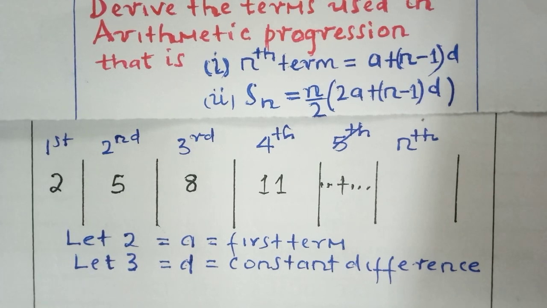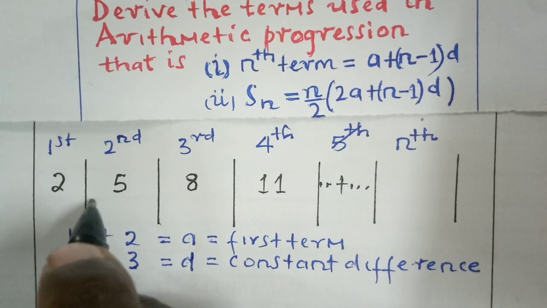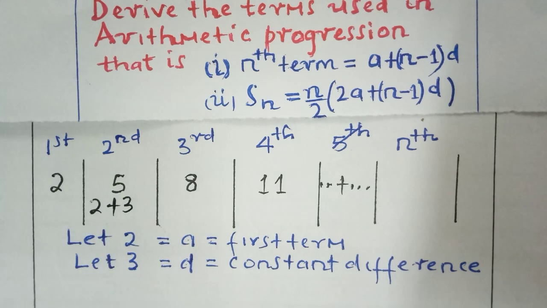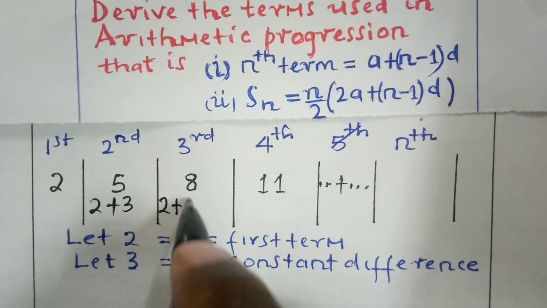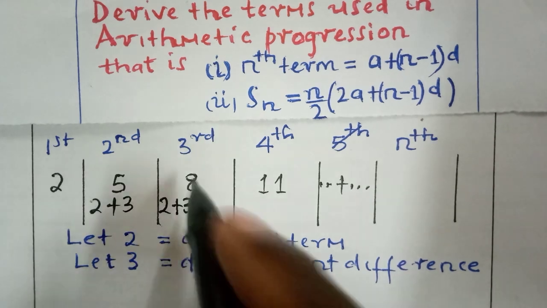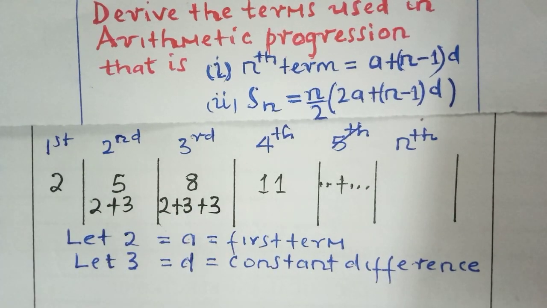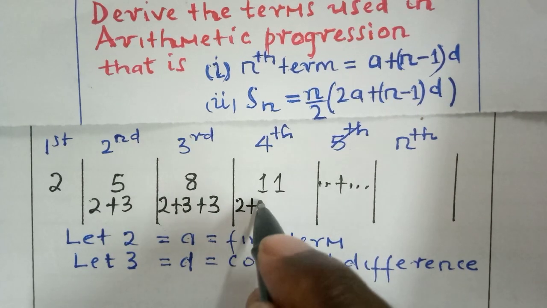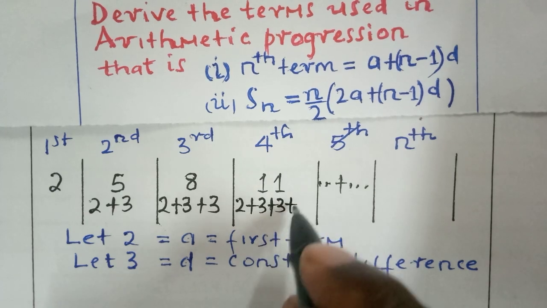And from there, guys, for us to get 5, we say 2 plus 3. For us to get 8, we say 2 plus 3 plus 3. For us to get 11, we say 2 plus 3 plus 3 plus 3 again.